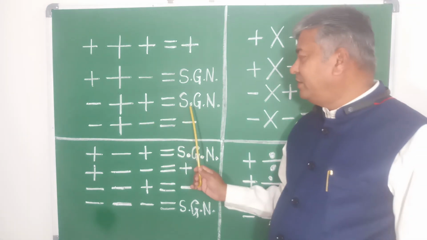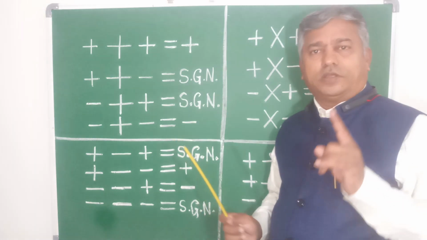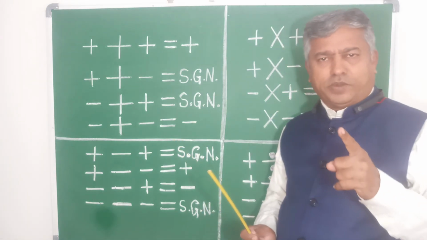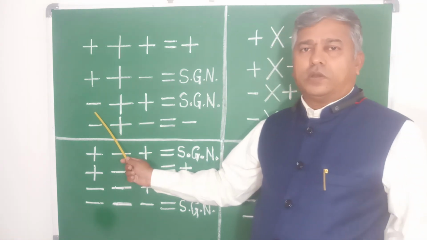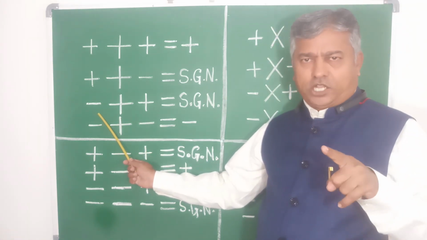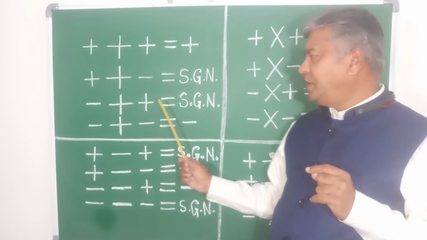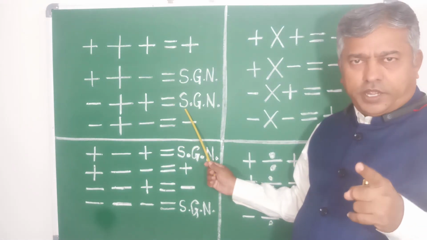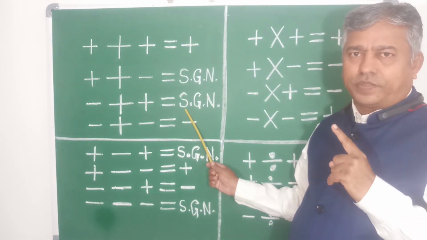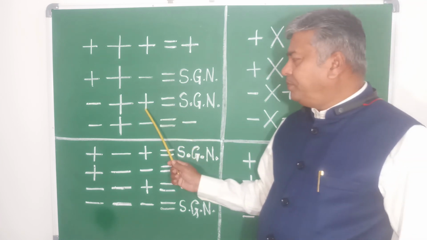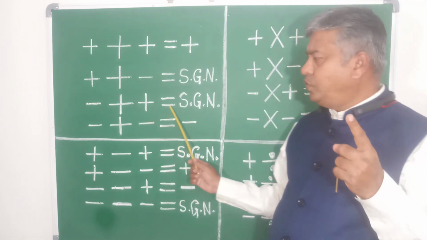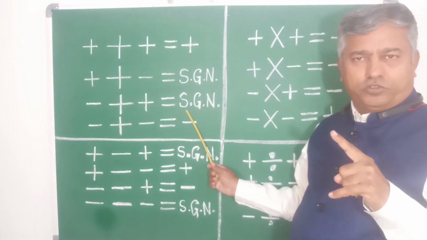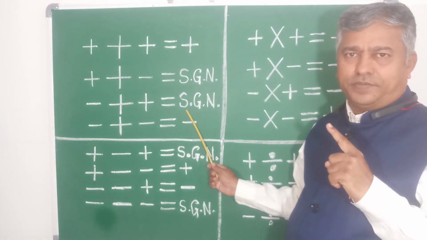It means SGN, sign of greater number. If the negative number is greater, then we must write here the negative sign. If the positive number is greater, then we must write here the positive sign.